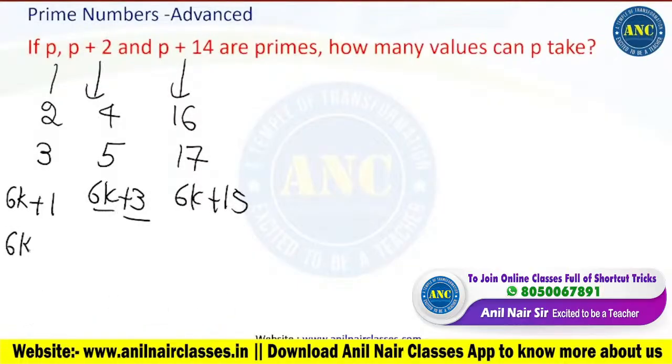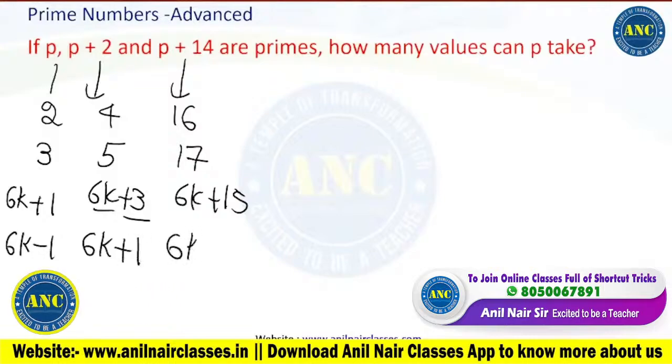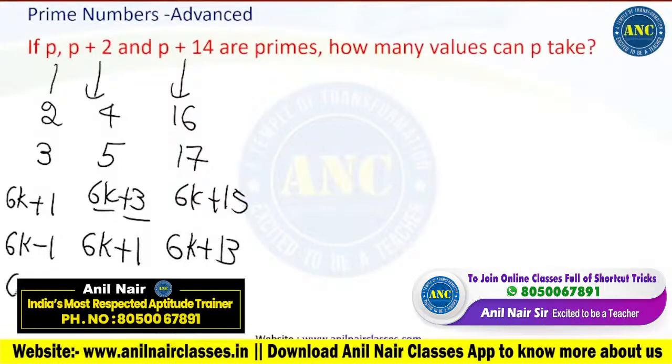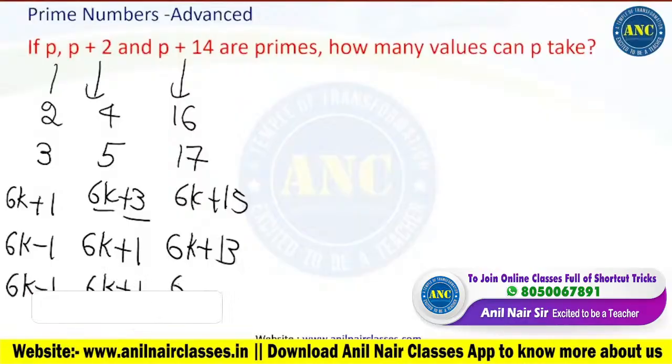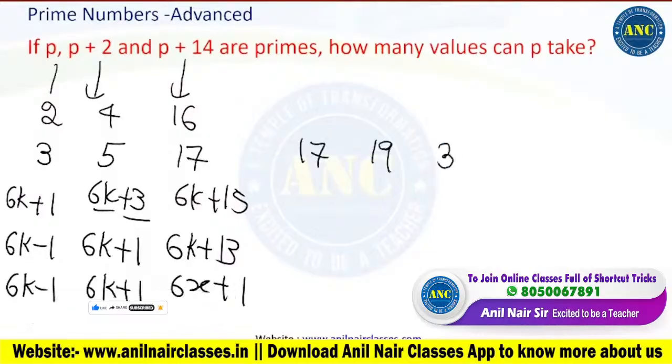So take 6k minus 1: 6k plus 1 and 6k plus 13. If I take 17, 17 plus 2 is 19 and 17 plus 14 is 31.